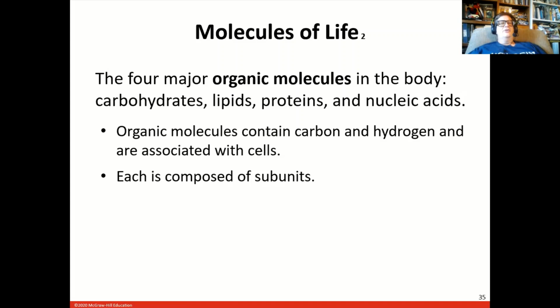Those little subunits we generically call a monomer, like mono, here's one of them. And the whole chain, if you have many, we say poly, so a polymer.